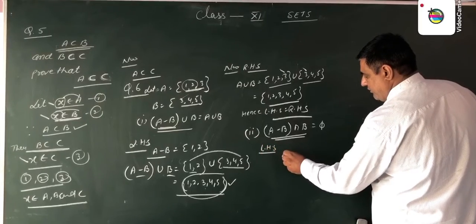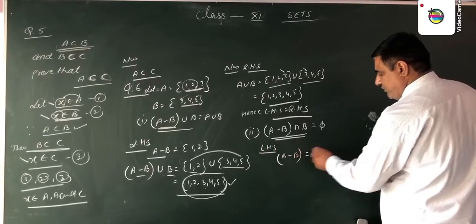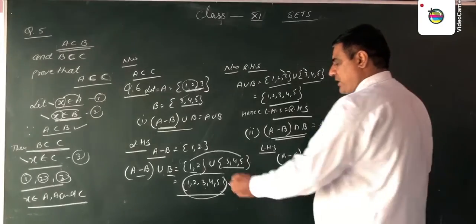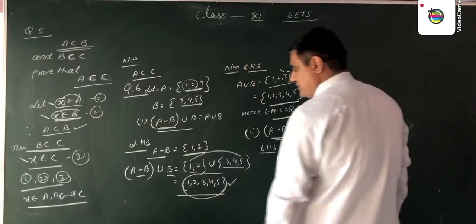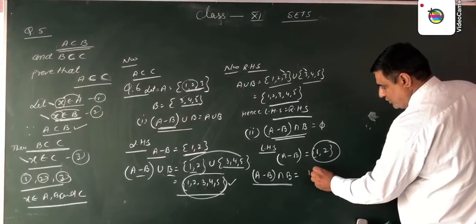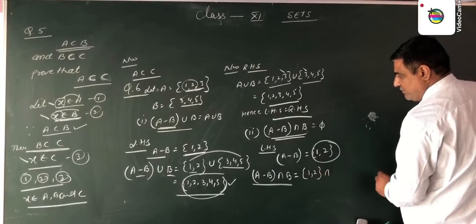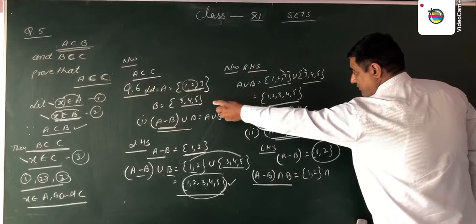Now here the A difference B. We have found A difference B in this first part. The elements of A difference B are 1 and 2, and intersection with set B. Here set B is 3, 4, 5.